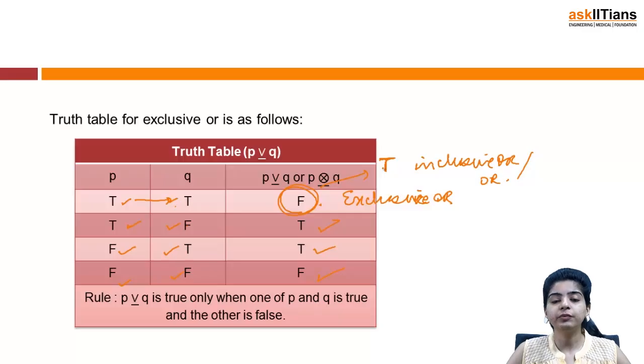So this is the difference between inclusive and exclusive OR. So the rule is that P exclusive OR Q is true only when one of P and Q is true and the other has to be false. That means in the case of exclusive OR, one of these two has to be true and one of them has to be false.